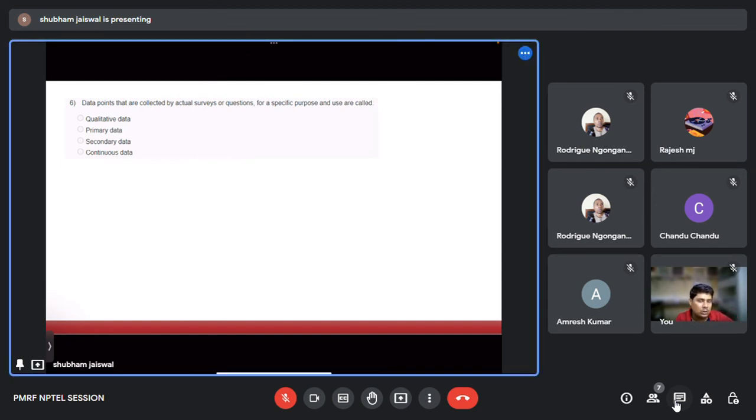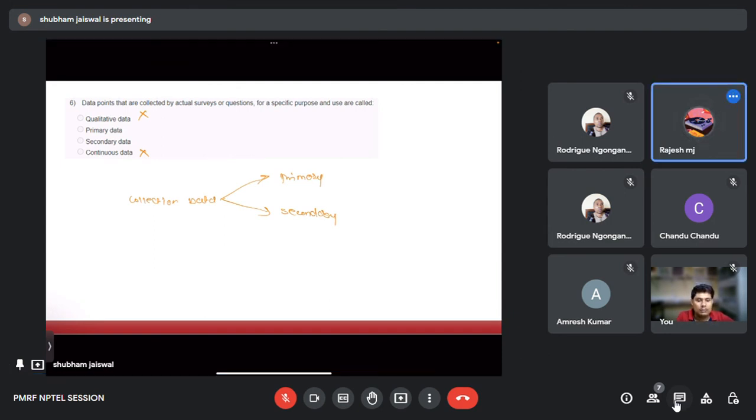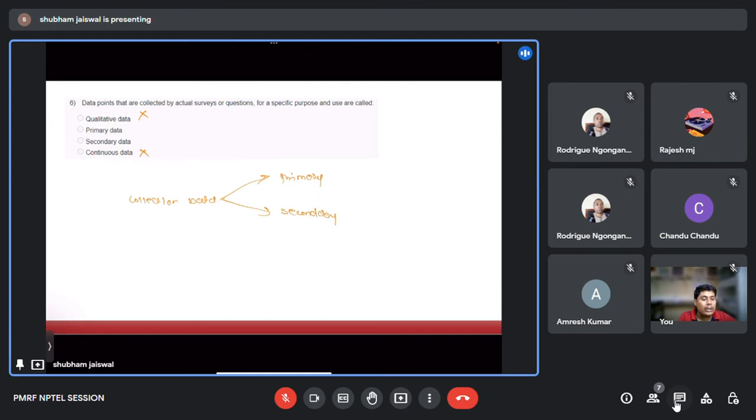So here we are talking about collection of data. There are only two methods: one is primary and one is secondary. So we can eliminate these two options, and the answer lies within these two. Now tell me. Sir, primary, I think. Yeah. Why is it primary data? Because we are collecting it by ourselves.